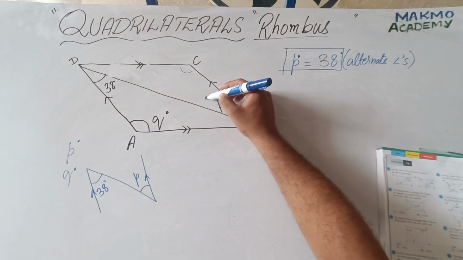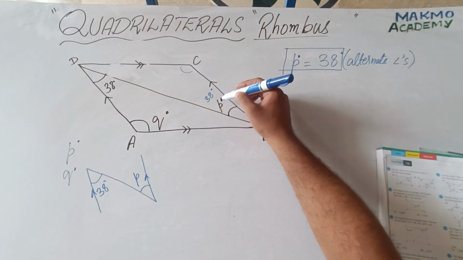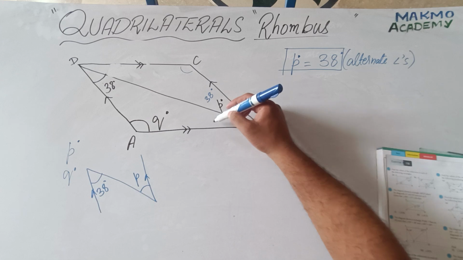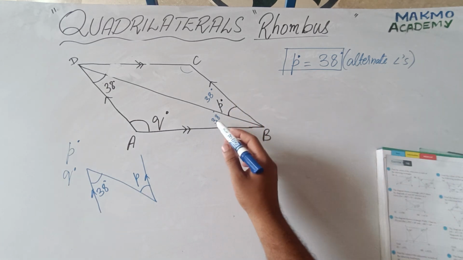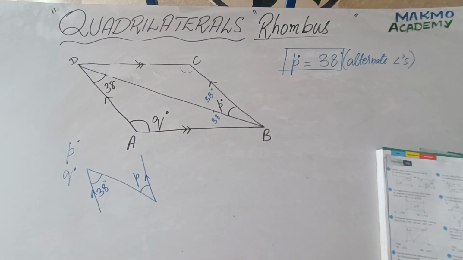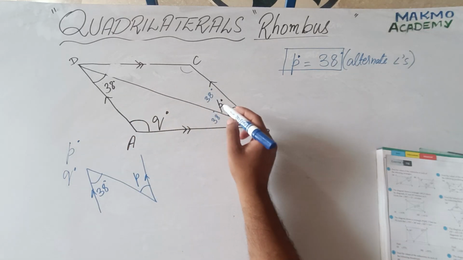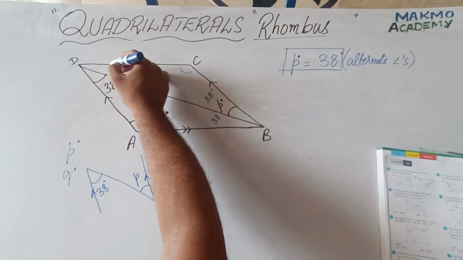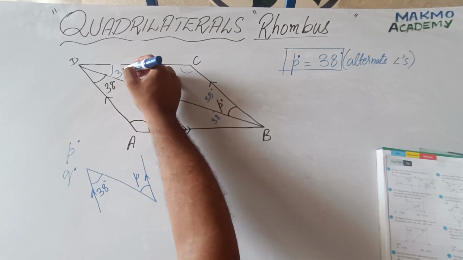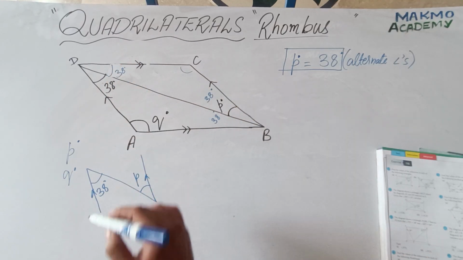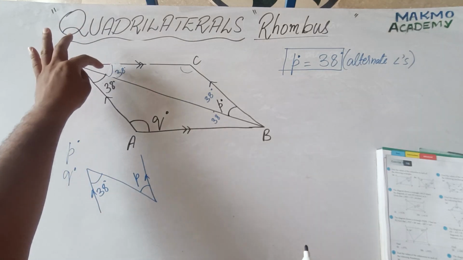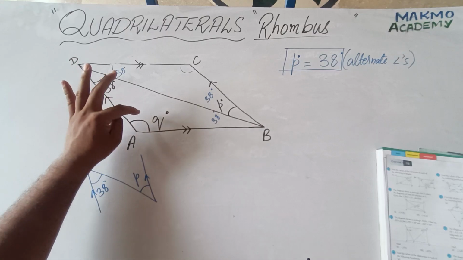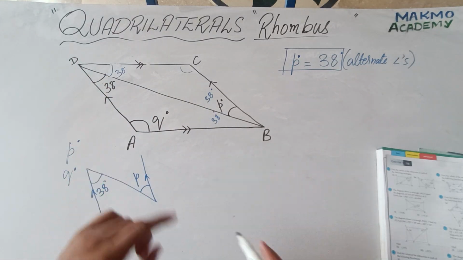If this angle is 38 and we have discussed that diagonals bisect interior angles, this would also be equal to 38. So 38 plus Q. As we have discussed, if this angle is 38, this would also be equal to 38, again diagonals bisect interior angles. So you can apply from any side. You can say 38 plus Q, interior supplementary angle.